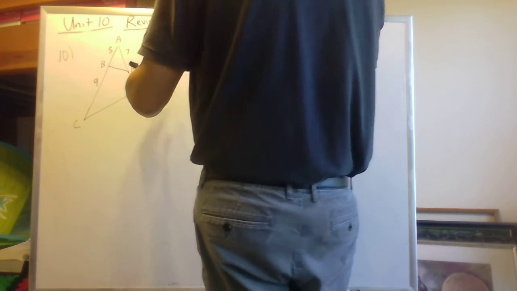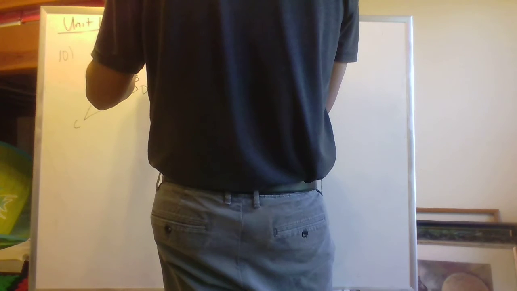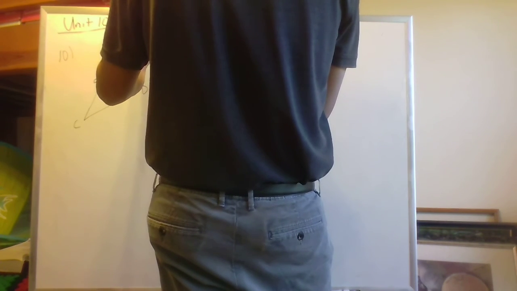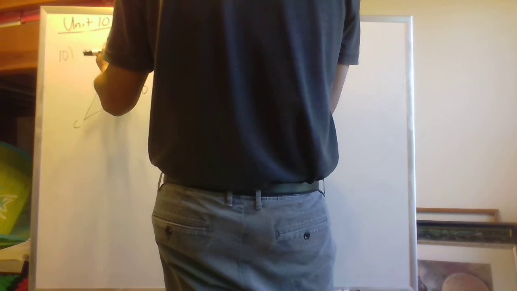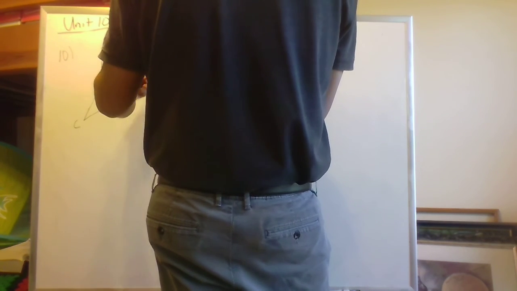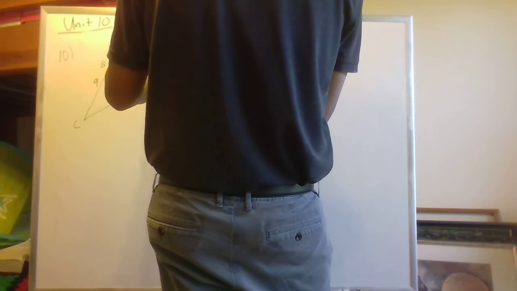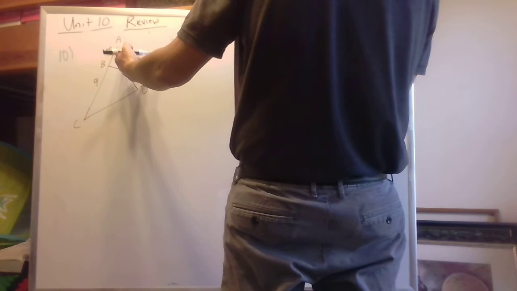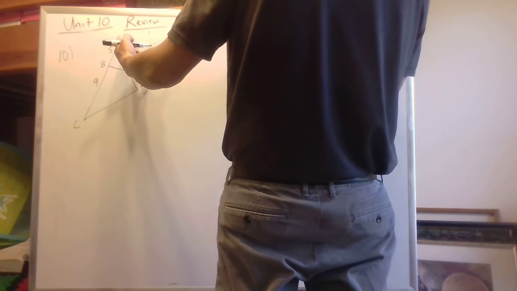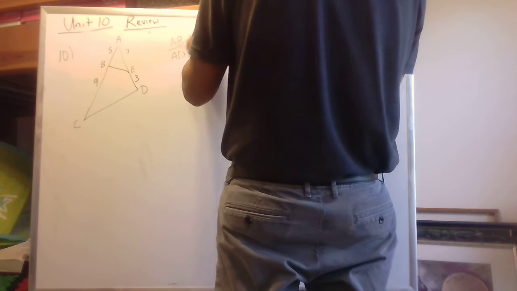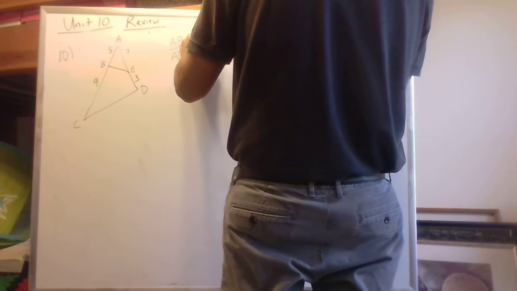So if they are similar, I think what's going to happen is side AB, this smaller side, is going to be equal to AD of the larger triangle. And then this hypotenuse, or this longer side of AE, is going to be equal to the longer side of the bigger triangle, which is AC.